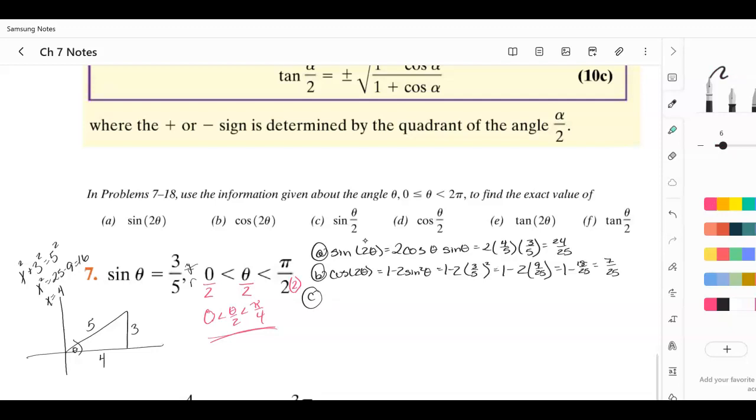Okay, let's look at what our formula says. Going back to sine of theta over 2. Sine of theta over 2, we're going to use the positive value here. Square root of 1 minus cosine of alpha over 2.